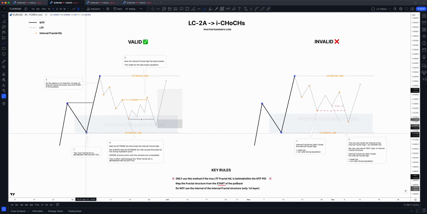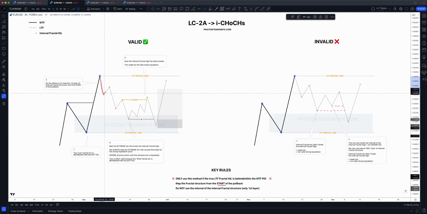So again, when we have an impulsive leg like this, and we look on our lower time frame, and the lower time frame true fractal low is all the way down here, or somewhere within the POI, right? That is then when we are allowed to consider the first layer of internal structure. But where do we map it? We start mapping it from the very, very start of the pullback. We then start mapping where those internal fractal highs and lows are.